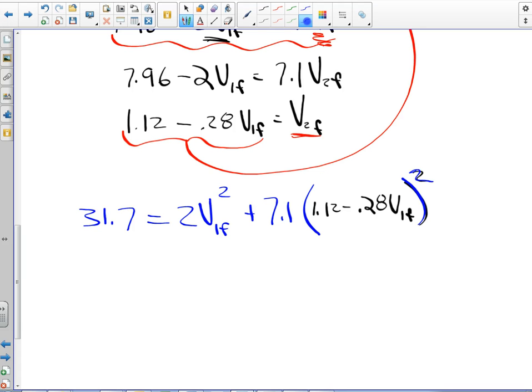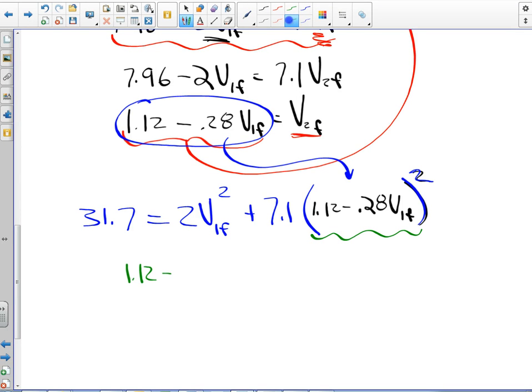So I just took all of this that was equal to v2 final and plugged it into where v2 final used to be. So now I have to do some squaring. So off to the side, in a whole different color, I'm going to take care of this. I'm going to square this. So I'm going to have 1.12 minus 0.28 v1 final times itself.